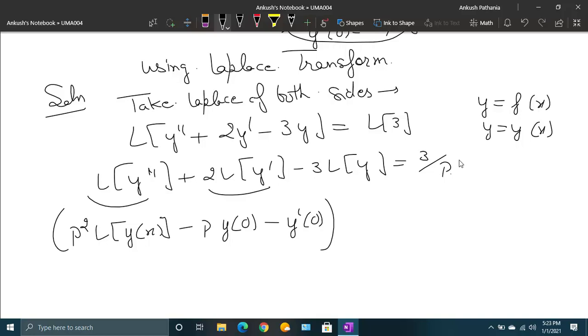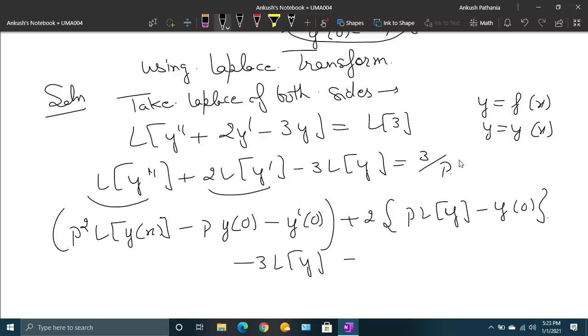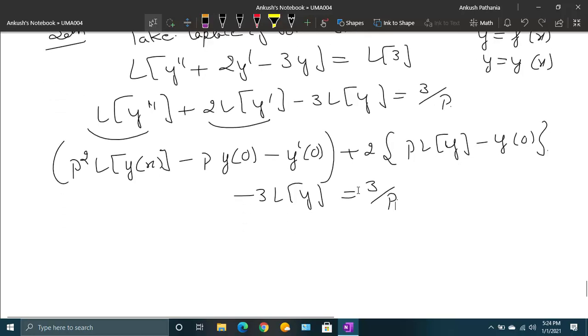Now we come to Laplace of y dash. So this is 2 times p times the Laplace of y, or y(x), minus y(0). This is the formula, and then minus 3 times the Laplace of y is equal to 3 upon p. You can always write y as f(x) or y(x) or whatever form you are convenient with.